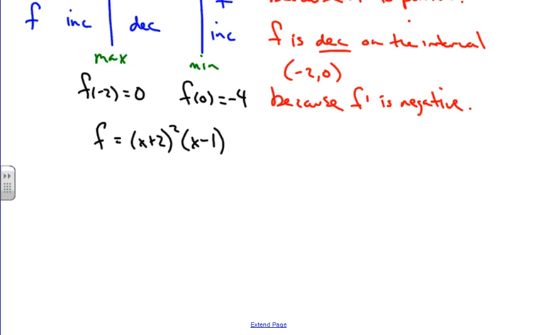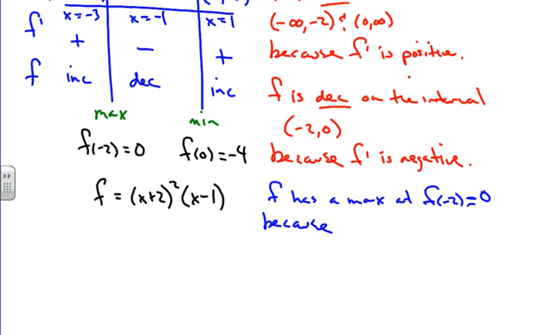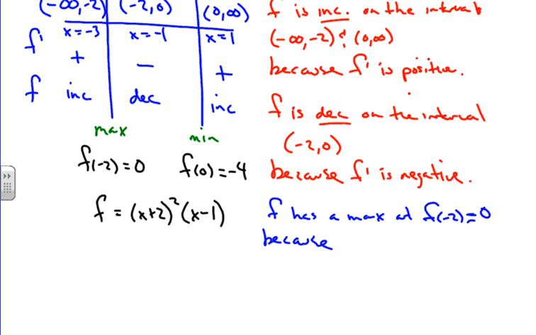Well, we realize that f has a max at f of -2 equaling 0, because, why is that? Well, we realize on this interval that f prime changes from positive to negative.